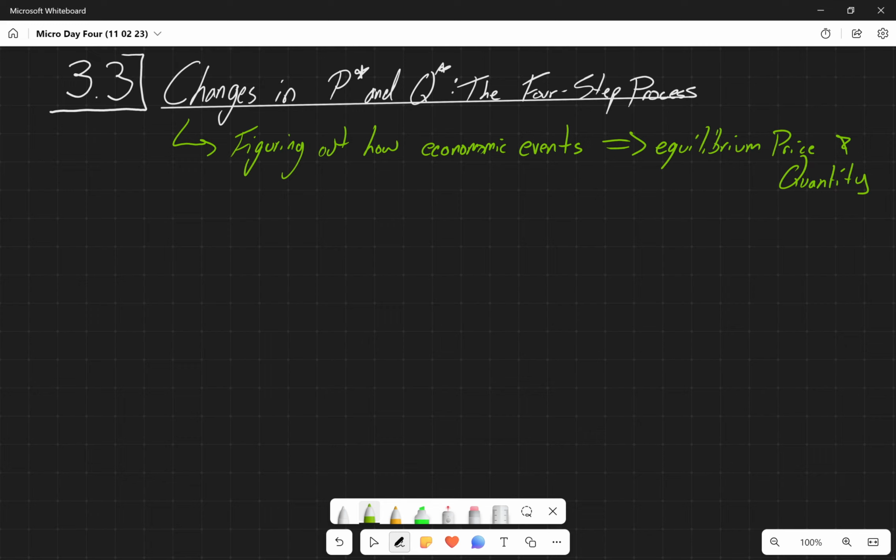So the four-step process that we are going to be using is, the first is to draw the supply and demand model before the economic event or change took place.